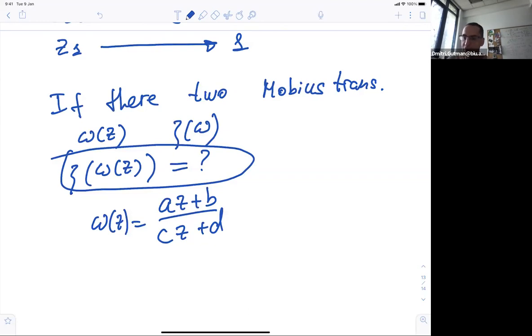You probably learned this many times in courses of classical mechanics and quantum mechanics. And since a Möbius transformation corresponds to a rotation, the combination of Möbius transformations is a Möbius transformation. Or if you're more mathematically inclined, Möbius transformations form a group.